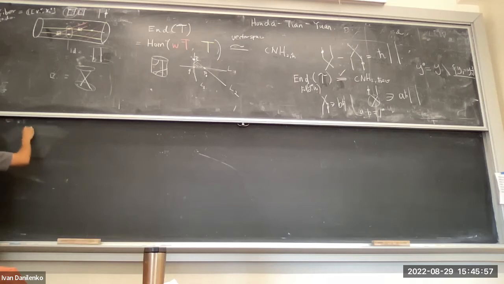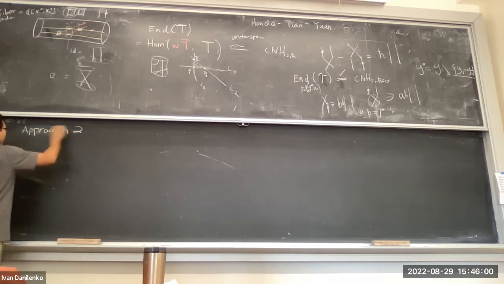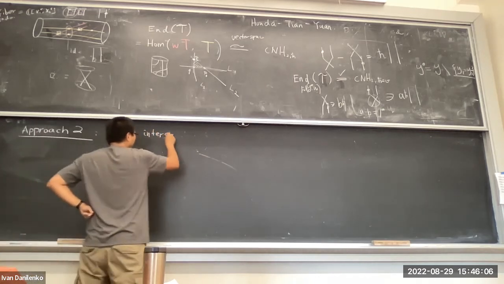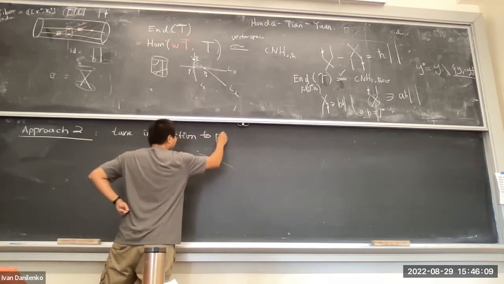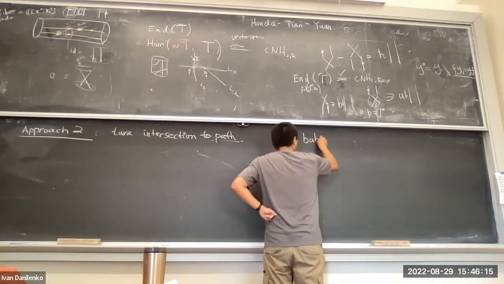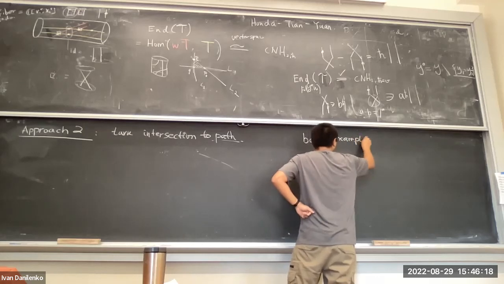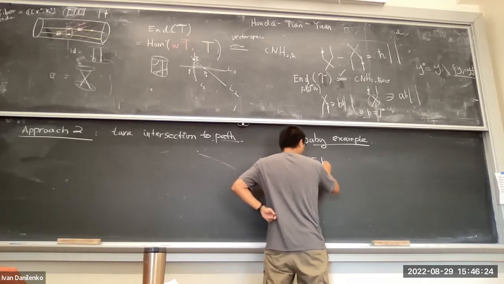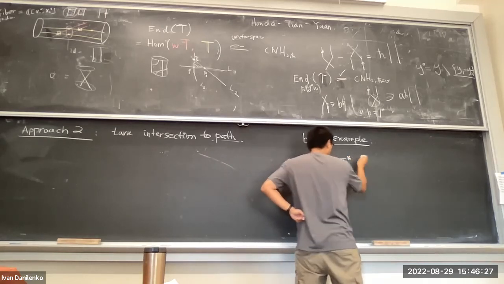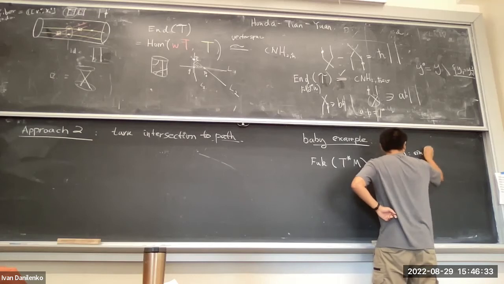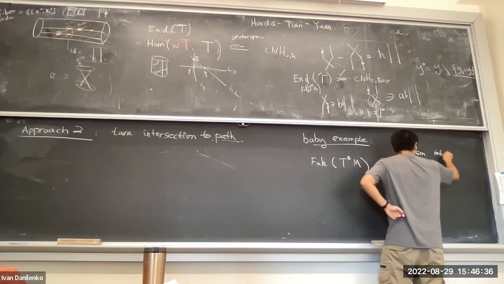So the approach to the third intersection. A baby example. Consider the cotangent fibers, like R^2, standard.